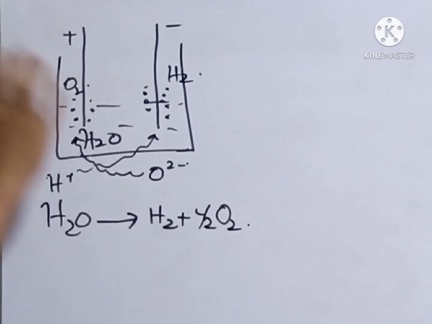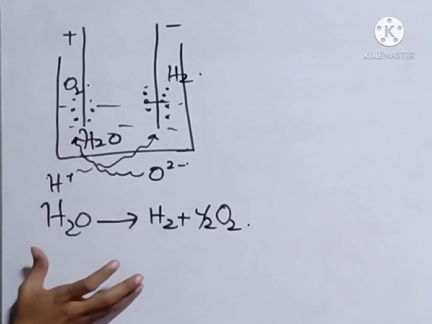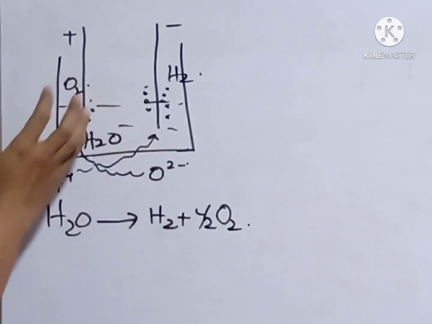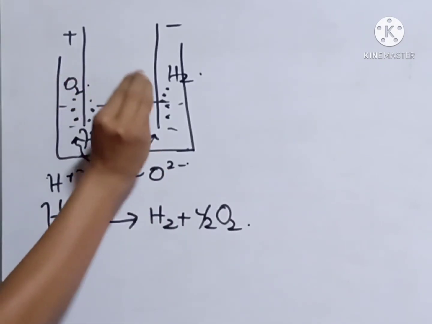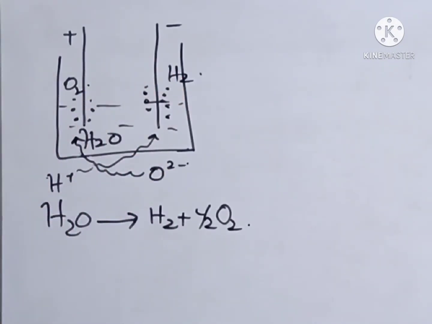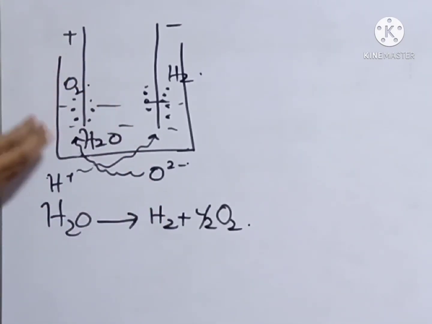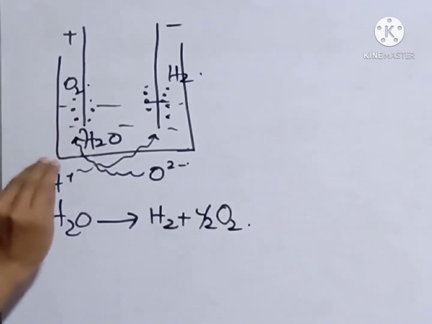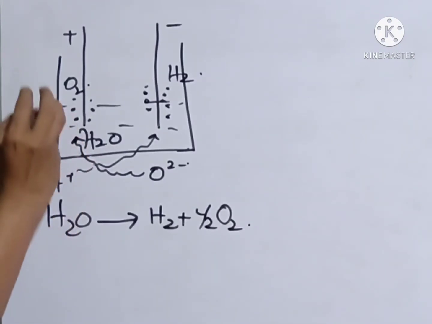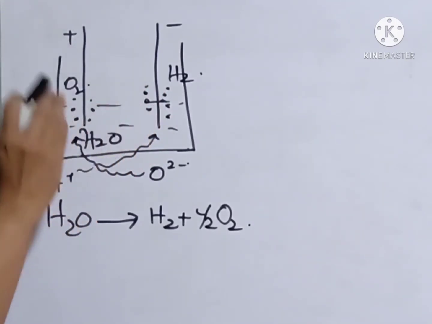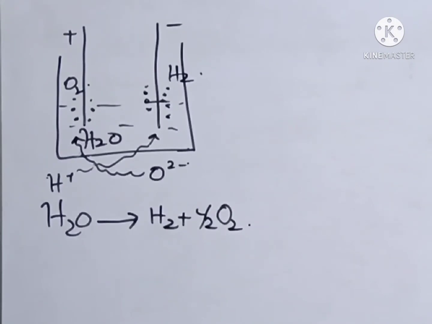If we measure the electrode potential of the cell, it will be a little bit higher than the reversible potential of the oxygen and hydrogen electrodes. So the cell EMF is a little bit higher than the individual reversible potentials of oxygen and hydrogen. And the extra potential is known as overpotential.